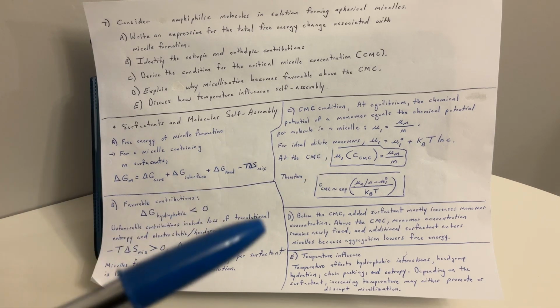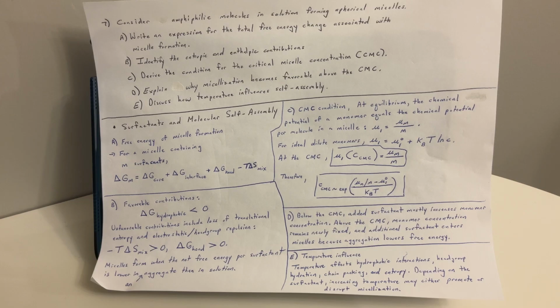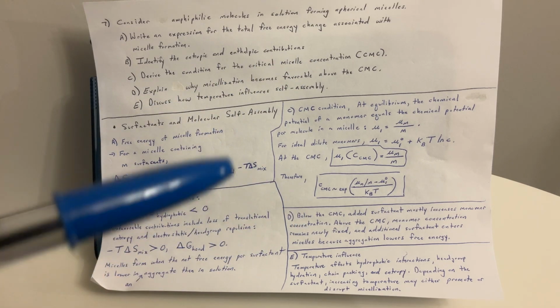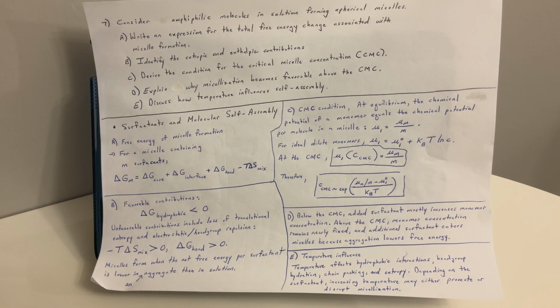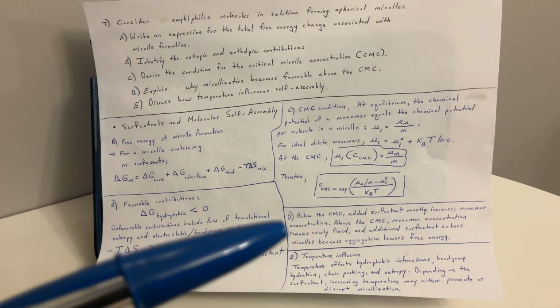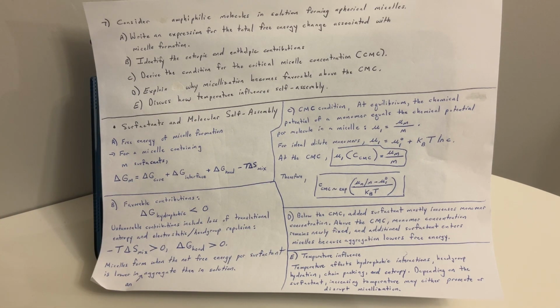Sorry about that. Part D, explain why micellization becomes favorable above the CMC. For D, below the CMC, added surfactant mostly increases monomer concentration. Above the CMC, monomer concentration remains nearly fixed.